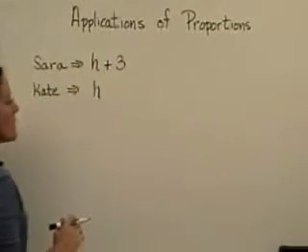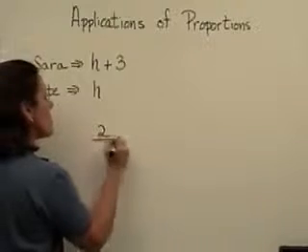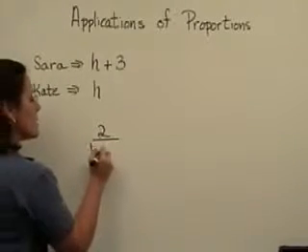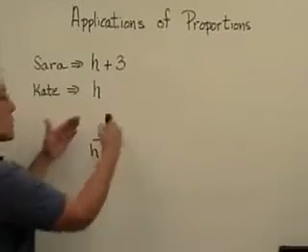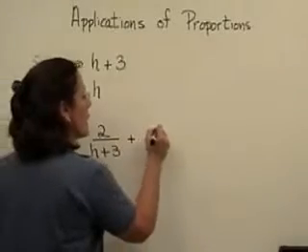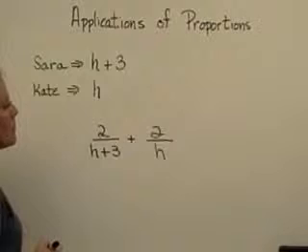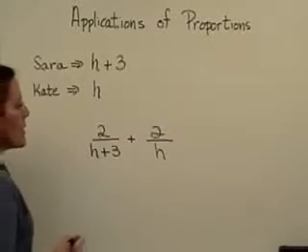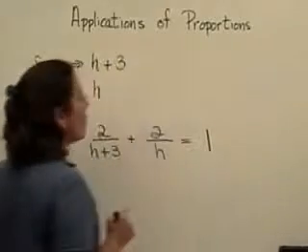That's always going to be the case. And it's always going to be the total time, in this case 2, divided by the time it would take them to do the whole job themselves. So this would be the portion of the job that Sarah would do in 2 hours, and Kate would do 2/h of the job in that 2 hours. And their portions have to add up to be the whole.